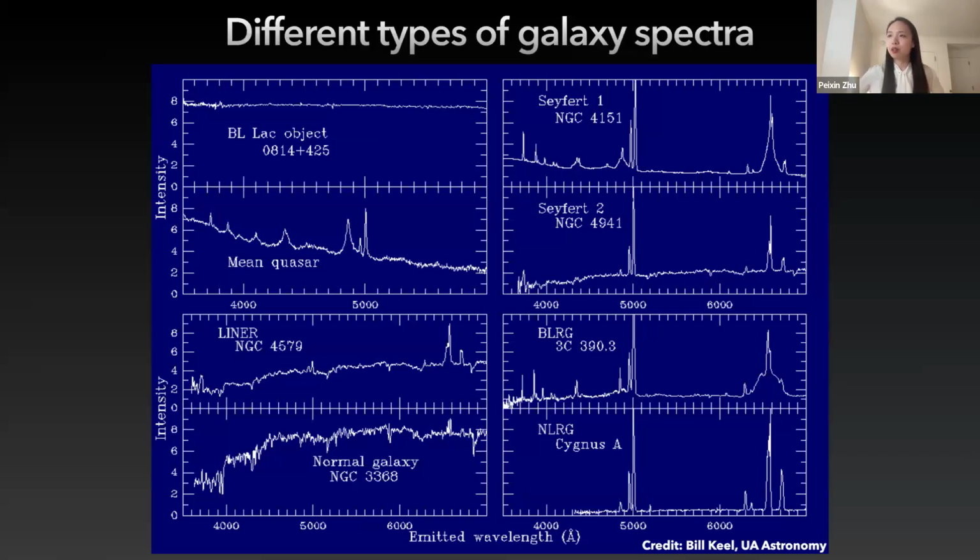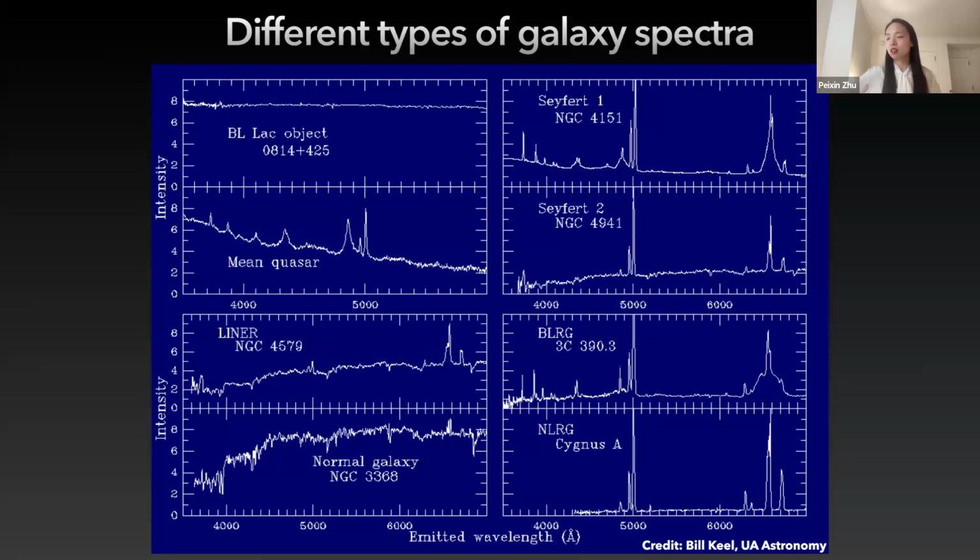So here is a diagram showing eight different galaxies based on their classifications, for example, what kind of AGN they host. In the bottom left, normal galaxies, which means there are no signs of observable AGN activity in these galaxies.